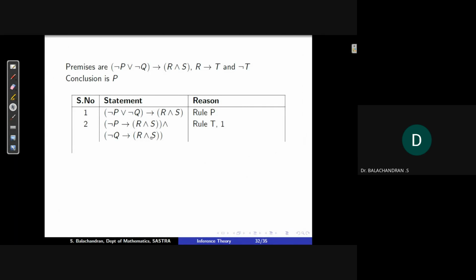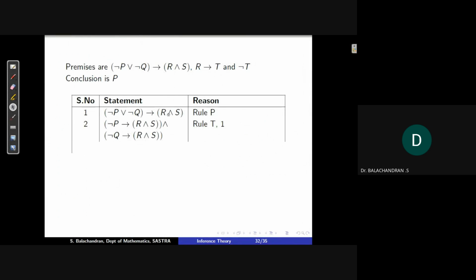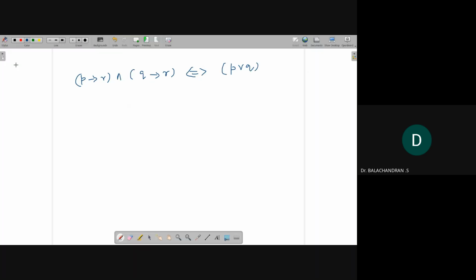R. This is equivalent to (P or Q) implies R.